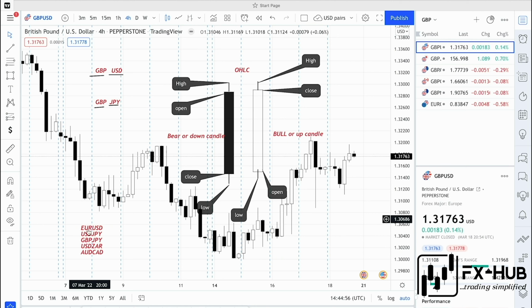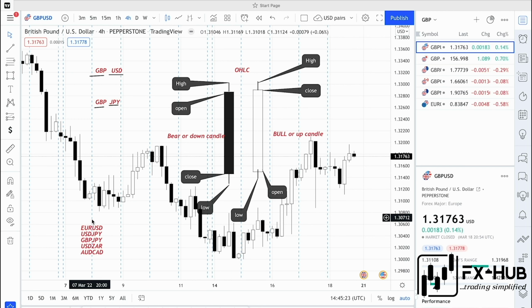So let me go through these now. The base currency is the one on the left. The currencies on the left here are Euro, USD, which is US dollar, GBP, which is Great British Pounds, USD again, and AUD. So it means on these pairs, the base currencies are the Euro, the USD, the GBP, the USD again, and the AUD.